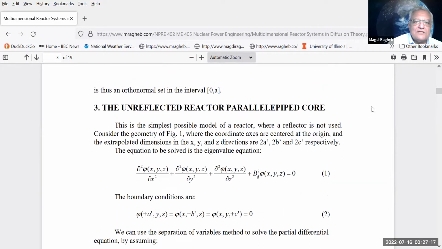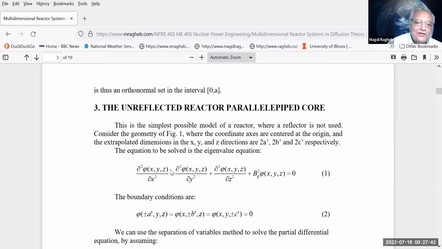So here, let us take a parallelepiped core. A parallelepiped core can have, as a special case, a cube, but in that case, look at the Laplacian now. The Laplacian is not just d squared by dr squared, but now it's a Cartesian coordinate: partial d squared by dx squared plus d squared by dy squared plus d squared by dz squared.